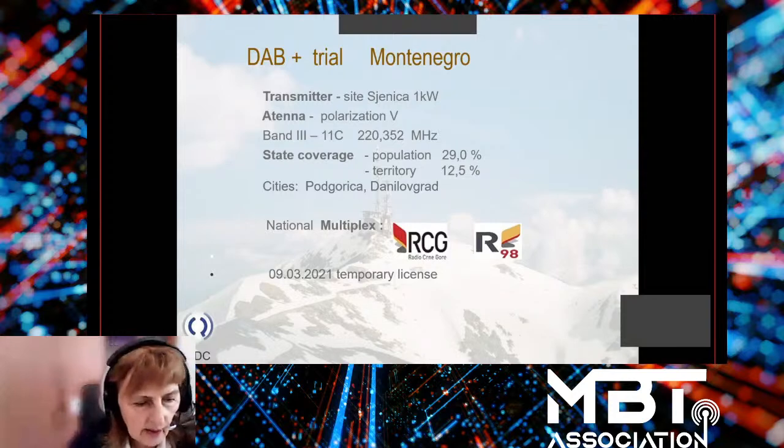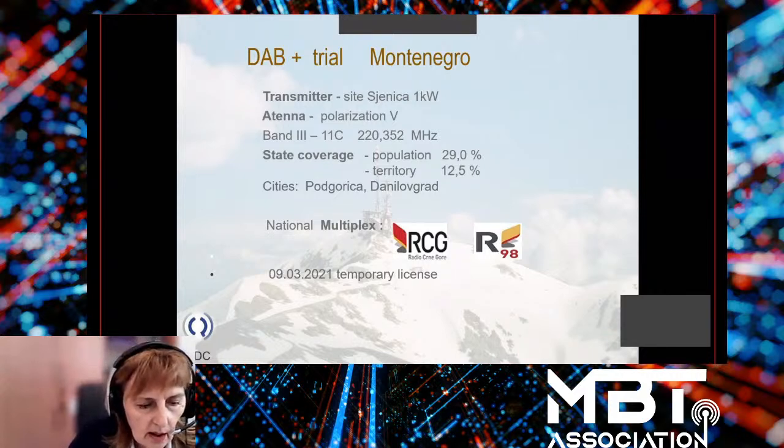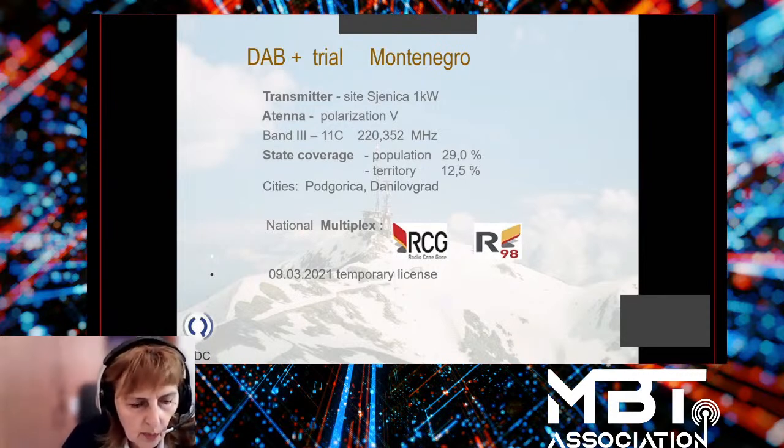We are at the beginning of the process, and finally, it's important that we are on the list of DAB countries. We started in March this year. We received a temporary license from the Agency for Electronic Communications and Postal Services for the trial of DAB, and we put a transmitter on site Sjenica, a location near Podgorica.